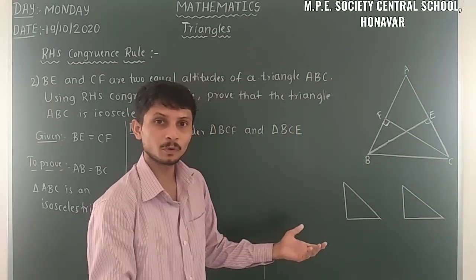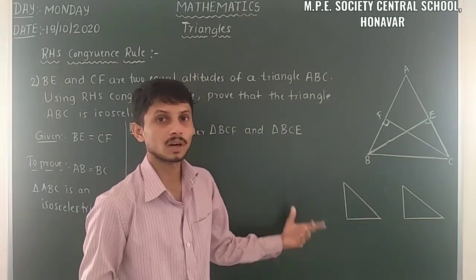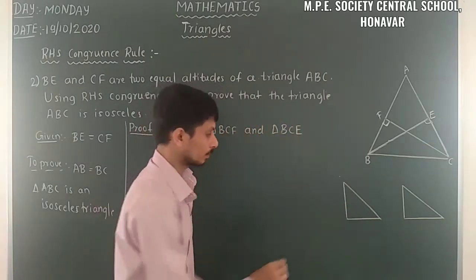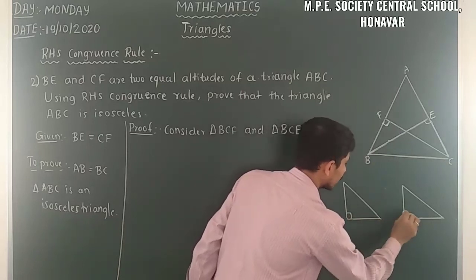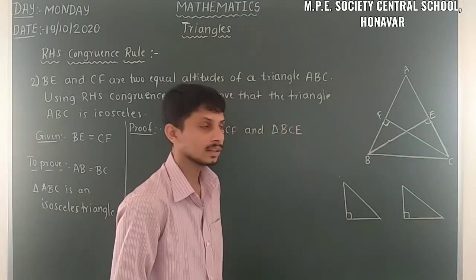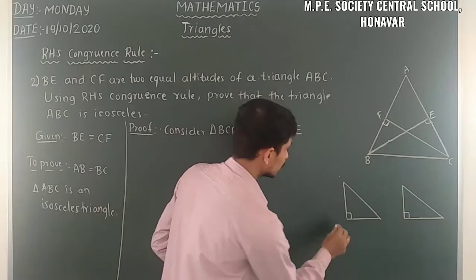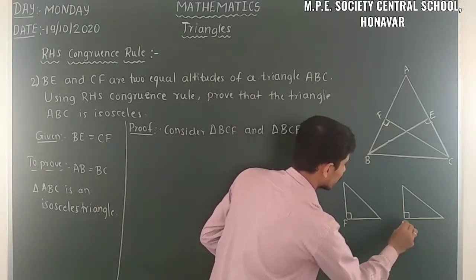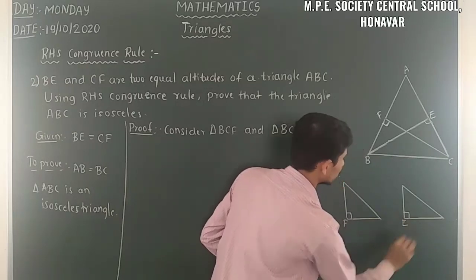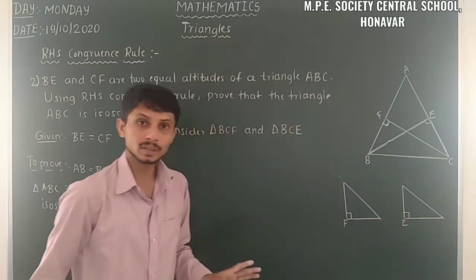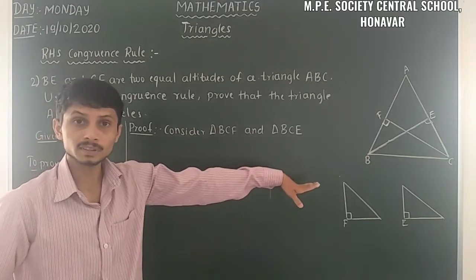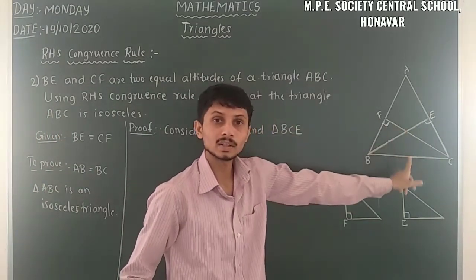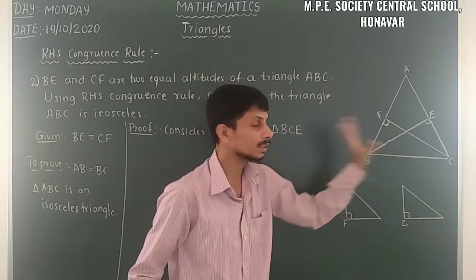Sometimes it is difficult for you to analyze what the conditions are, so we have to be aware that here it is a right angle triangle, 90 degrees, and here it is a right angle triangle, 90 degrees. I will take this as BCF, that's why here it is F, and here I will take it as E. Yes. Then we know what the hypotenuse side is, that is the side opposite to the right angle, here it is BC.